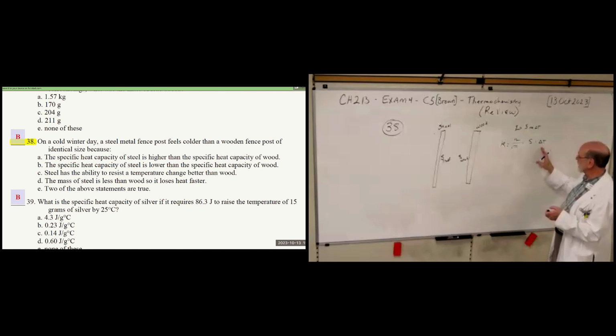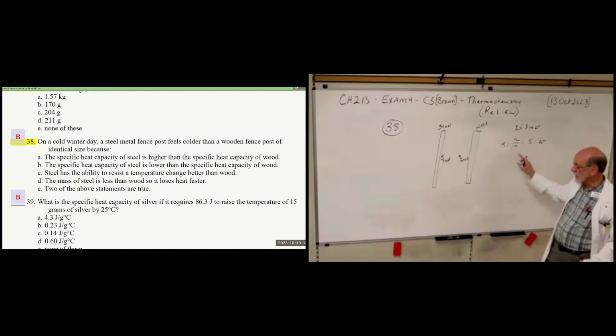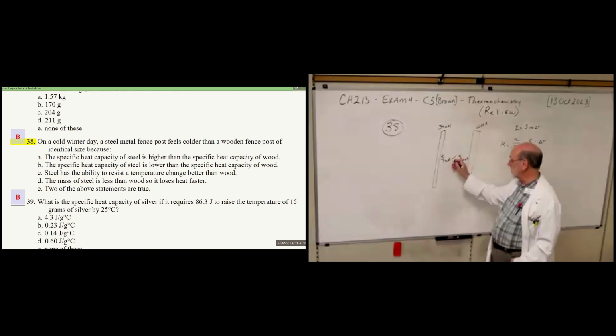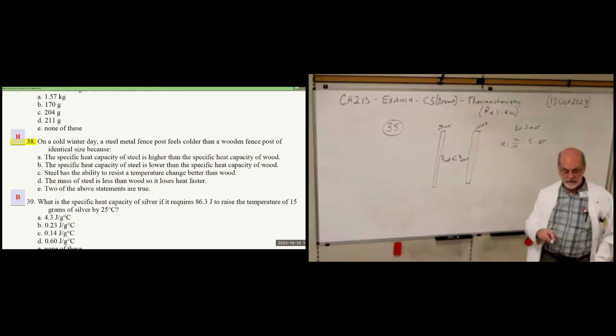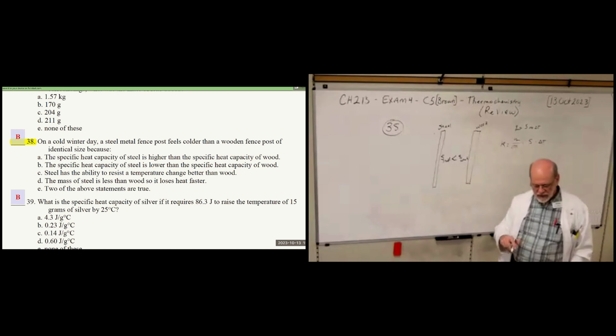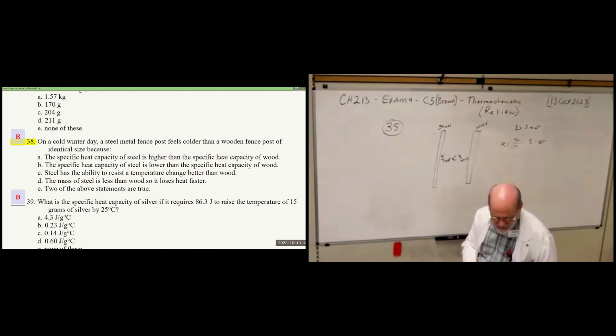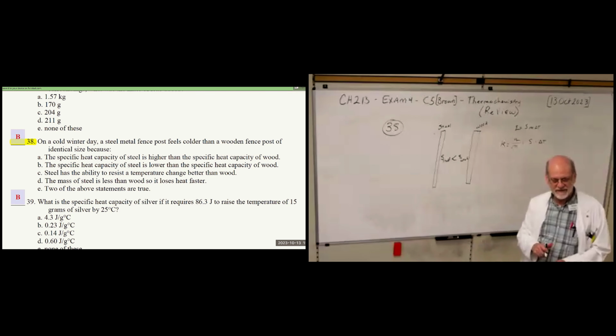So a greater change in temperature means a smaller S value. That means this one's got to be smaller than it is for the wood. Is there one that matches that? Yeah, you could just read that question. If it's colder, then that would mean it's lower heat density. That's B.